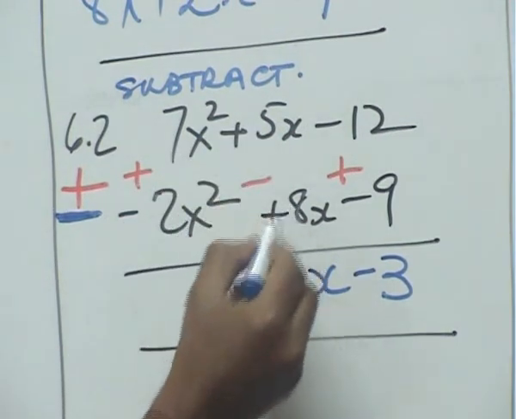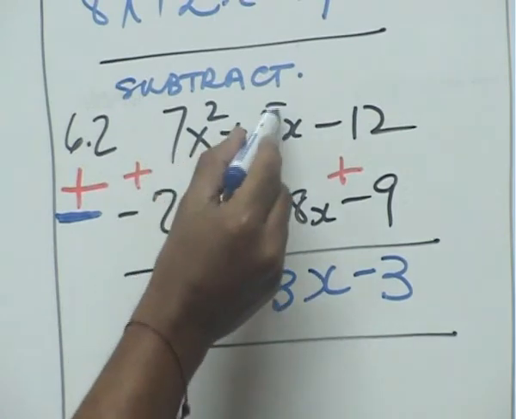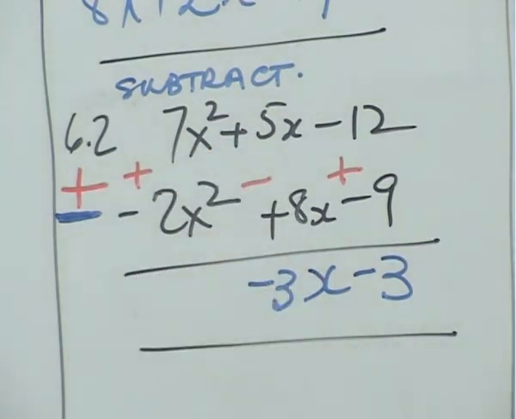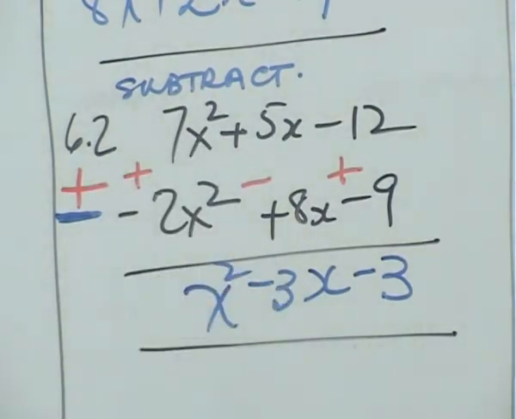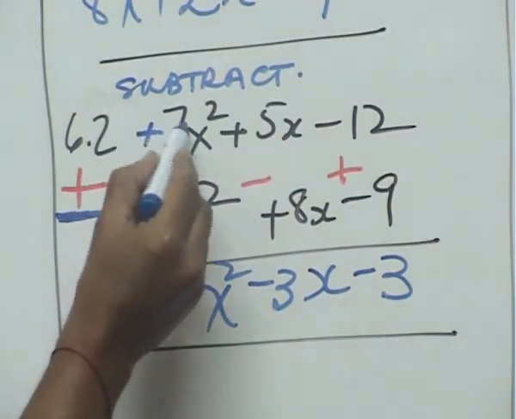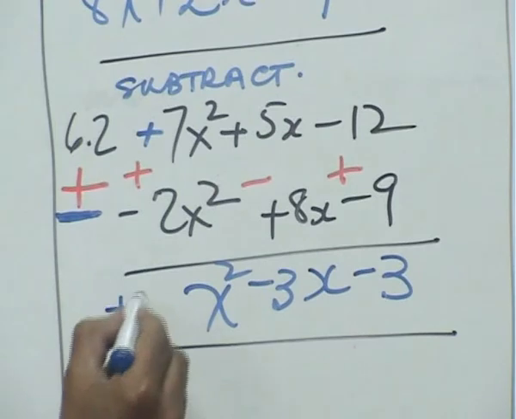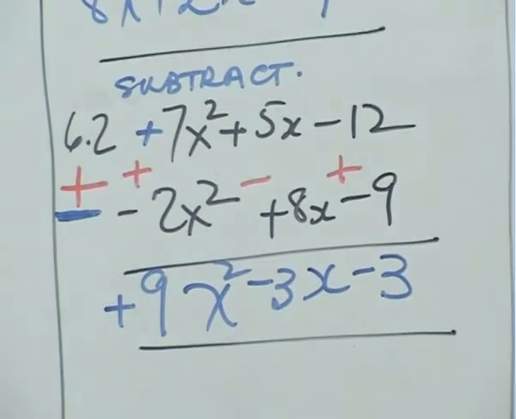Now you got plus 5 and minus 8, so you get minus 3. This column you have x squared, so just write down the x squared. Now you got plus 7, you see it's understood there's a plus sign here. Plus 7 and plus 2 gives you plus 9. So your final answer for 6.2, 9x squared minus 3x minus 3.